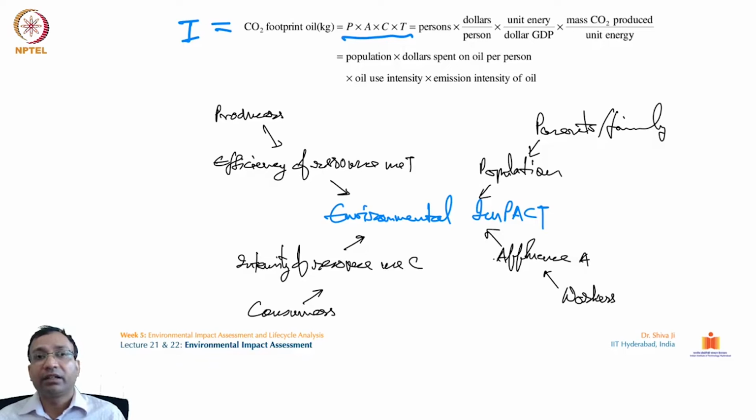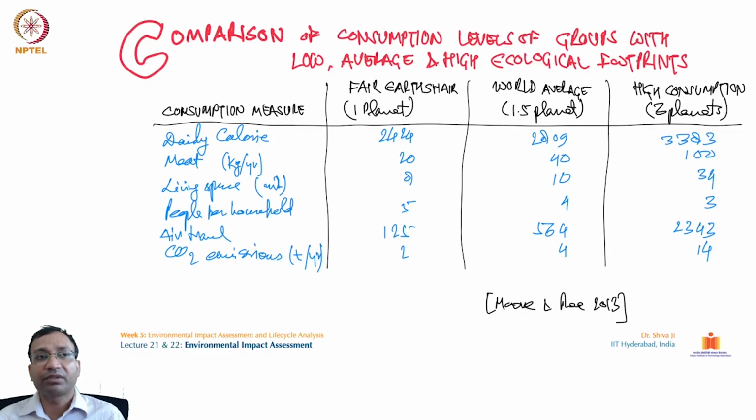And here in this table you can see the comparison of resource consumption levels for groups with low, average and high ecological footprints over time. The first column suggests the consumption measures: daily calorie supply, meat consumption in kg per year, living space requirement in square meters, and the number of people per household.